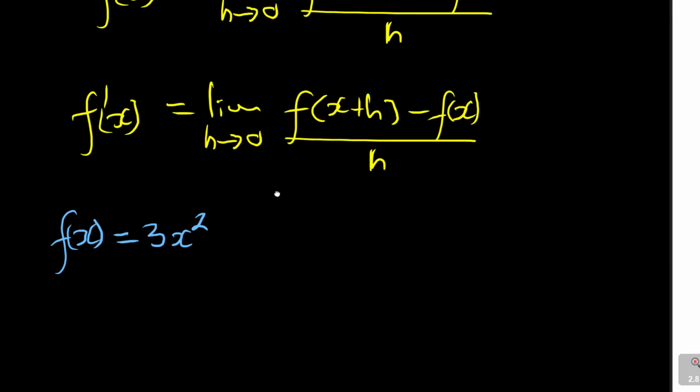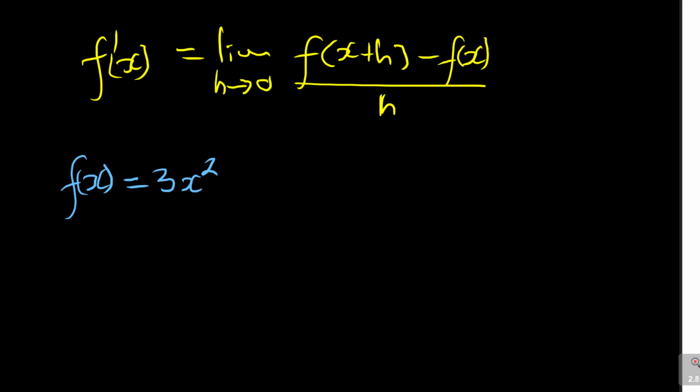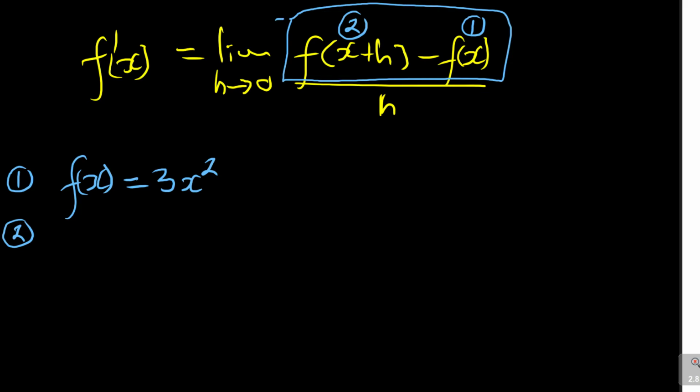If I'm to use this formula, you need to know how to work with it. This is my step 1, which is already given, and then I go for my step 2, which I'm going to write here, and then after that you go for step 3, which I will also do, and then we go to step 4. Let's start with step 2.